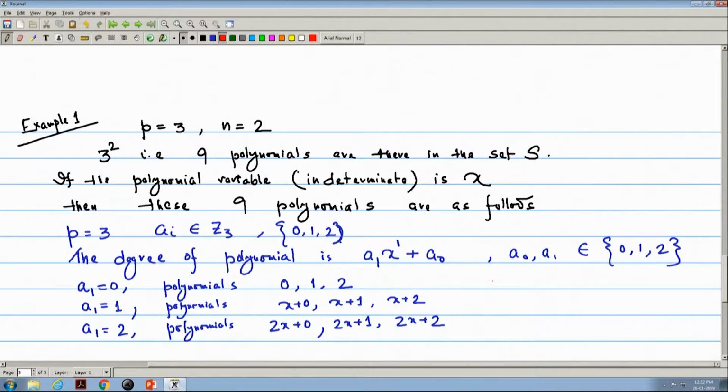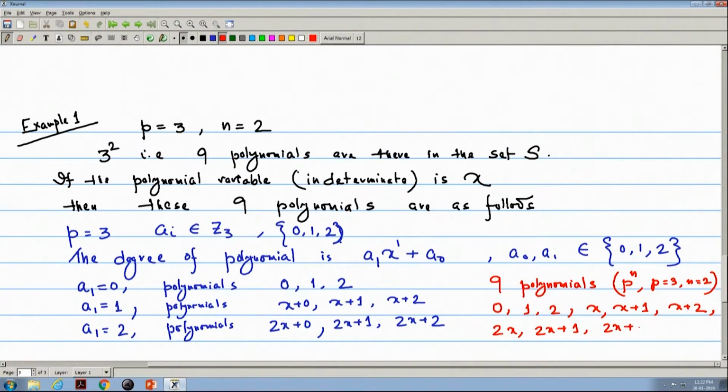So, these 9 polynomials, when for p to the power n, I write p equal to 3, n equal to 2, are 0, 1, 2, then x, x plus 1, x plus 2, then 2x, 2x plus 1 and 2x plus 2. So, these are my 9 polynomials.